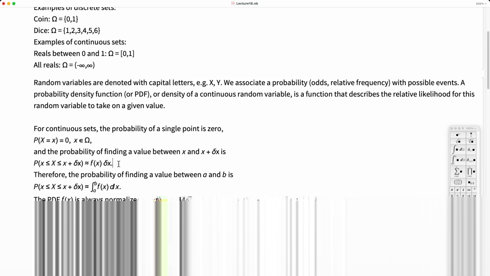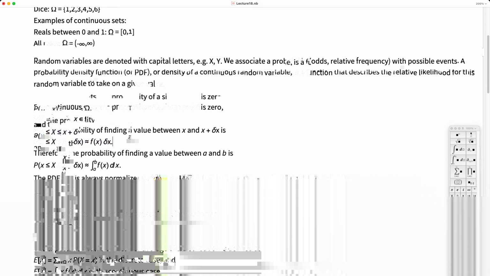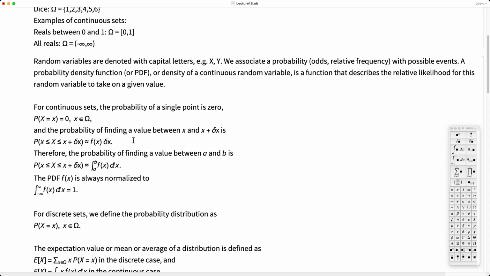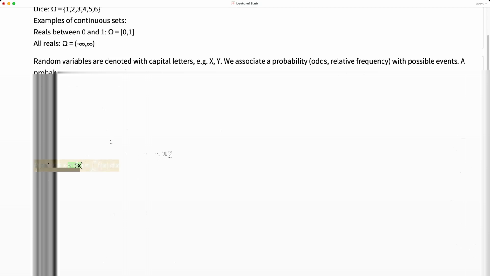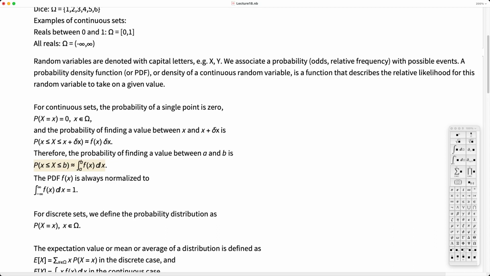If we sum over all these small intervals and use the definition of a Riemann summation for an integral, then it follows that the probability of finding a value between, let's say, a and b is given by the integral from a to b of f of x dx, where f is the PDF.